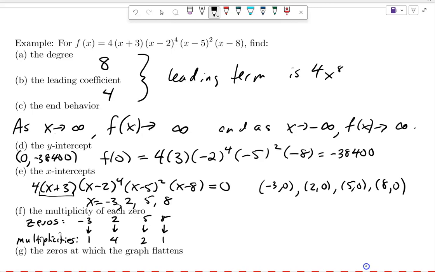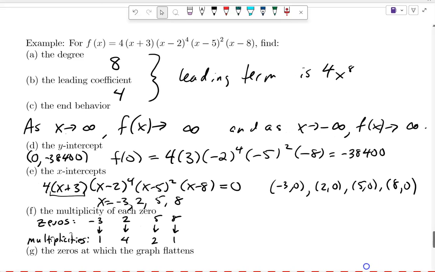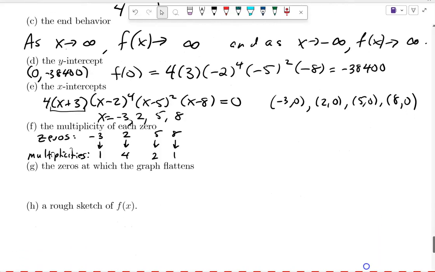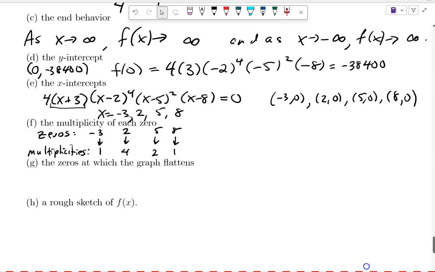That okay? Yep. Okay. So that's multiplicities. Now remember, the multiplicities tell you something about whether it crosses or not, right? And we'll get to that when we do that graph. What about where they flatten? What do we look at for flatten?